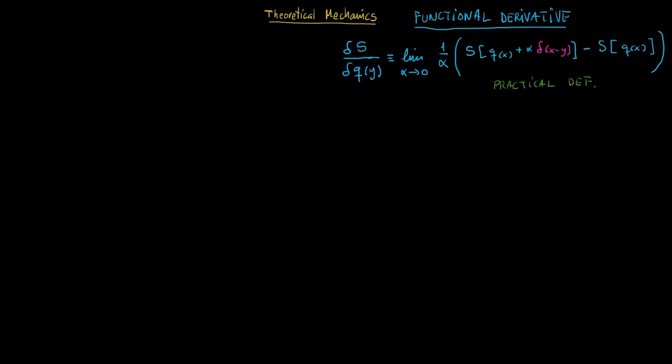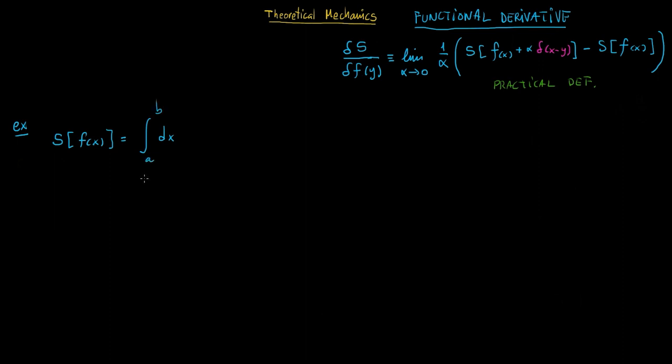For example, suppose you have an action of a certain, let me call it f of x instead of q to emphasize that this is a normal function, the functions that you worked with in college. I mean, functions from R to R. So let's suppose as an example that you have the integral over the space from a to b.